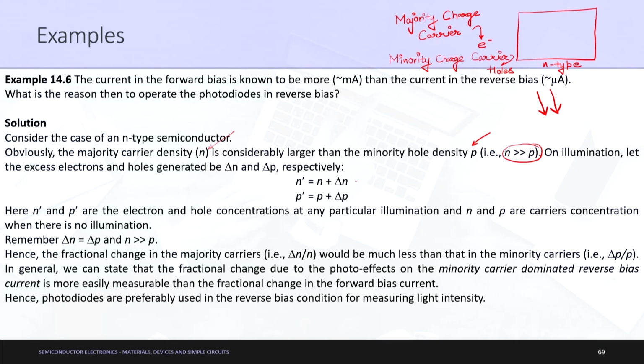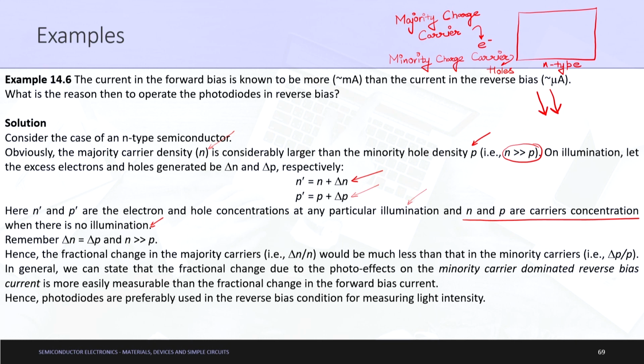Therefore, the new density n dash is equal to n plus delta n, and similarly p dash is equal to p plus delta p. Here n dash and p dash are the electron and hole concentrations at any particular illumination, and n and p are the carrier concentrations when there is no illumination.